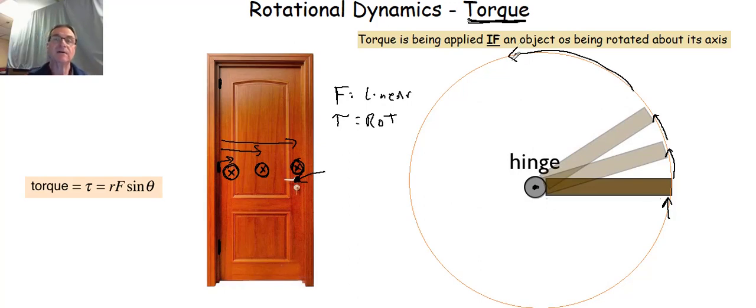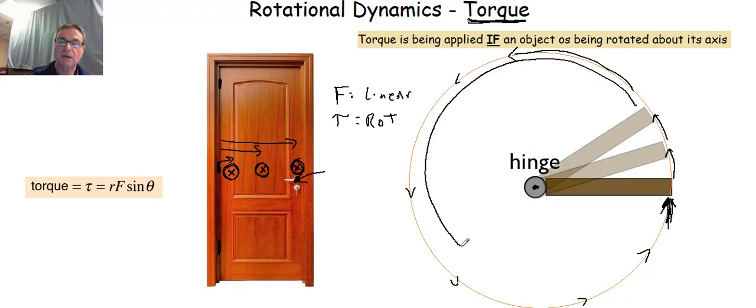In fact, if you've ever been to a hotel or a large office building, sometimes they have those rotating doors as you enter the lobby. They're supposed to be more heat efficient, and those doors just keep on going around in a circular path. So if you keep pushing at the edge of the door, that door will continue to go around in one big circle. So the door is traveling in a circular path about a central axis point.